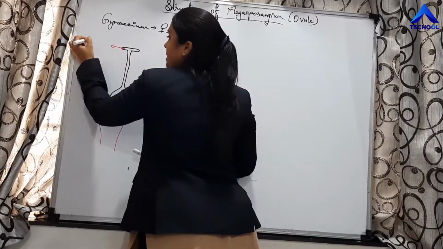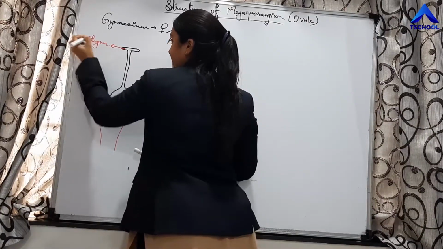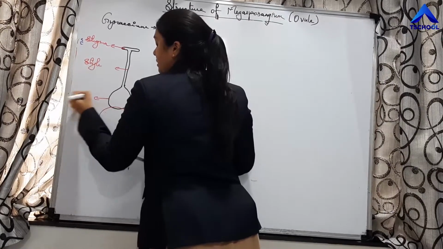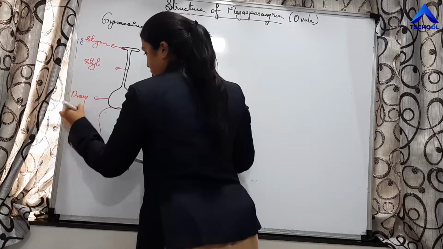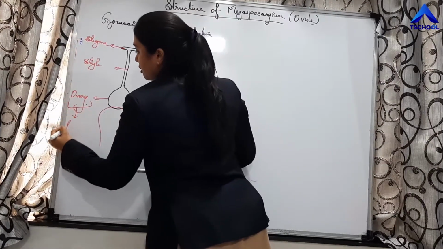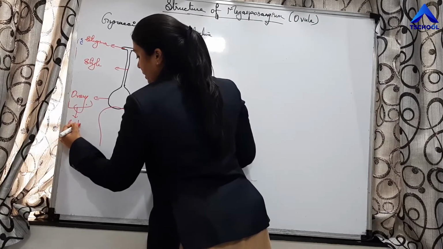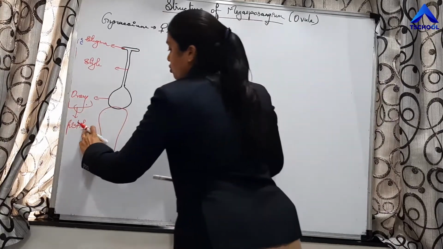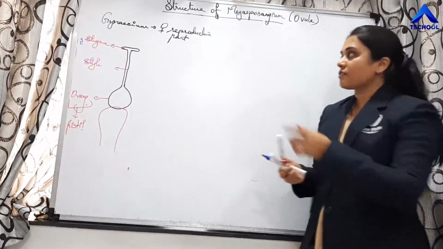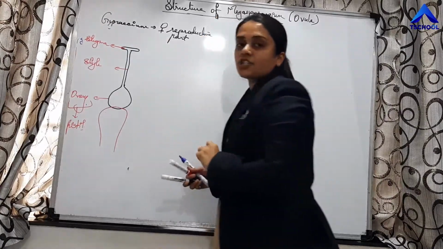So this is the stigma, this is the style, this is the ovary, and these three structures together form the pistil, right? So pistils are the part of the female reproductive system; the whorl of the female reproductive system is called gynoecium, right?